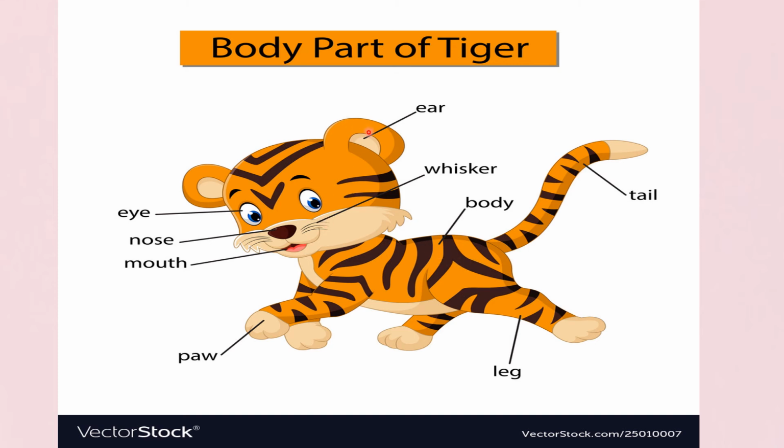A tiger has 2 ears, 2 eyes, nose, mouth, paw, legs, a tail, body, whiskers. Whiskers are the long hairs you can see on the nose of a tiger.